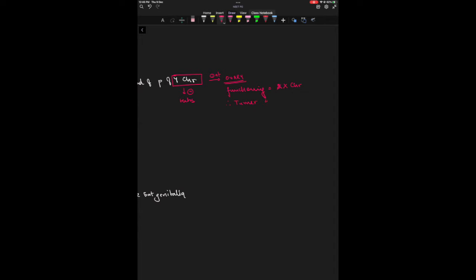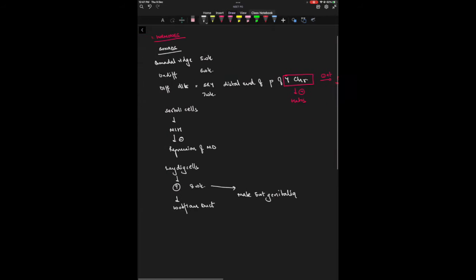For example, in Turner's syndrome, there is the karyotype of 45XO, or the absence of one X chromosome, that leads to the formation of streak gonads, right, or the non-functioning ovaries. Since there is absence of Y chromosome, the ovaries will be present, but there will be streak gonads or non-functioning ovaries. Alright, Turner syndrome is very important.